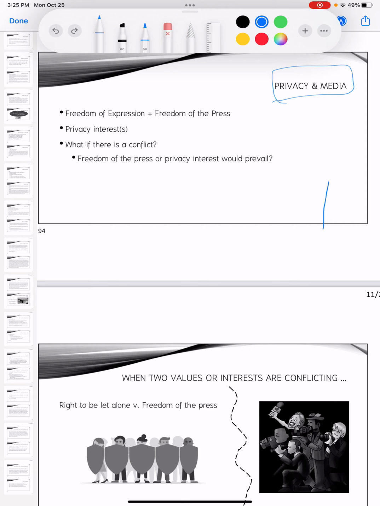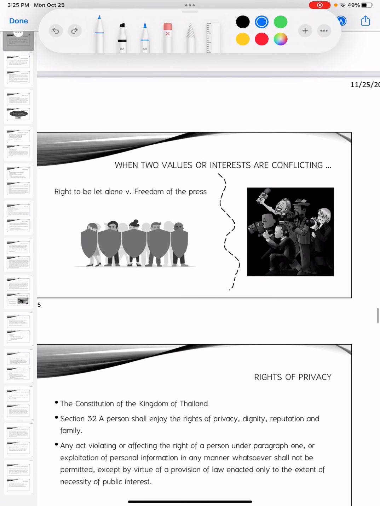And of course, there is no exact formula, no instant formula that decides this one prevails over another one. So when two values or interests are conflicting, of course we need careful assessment.